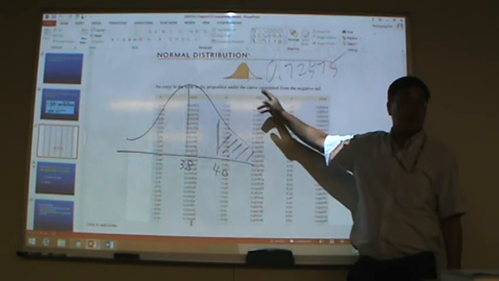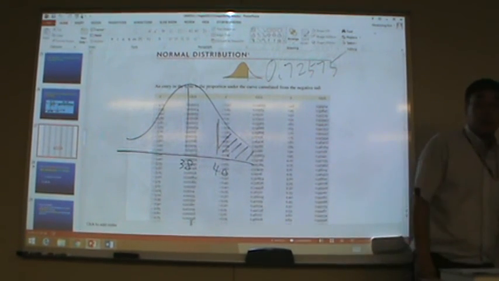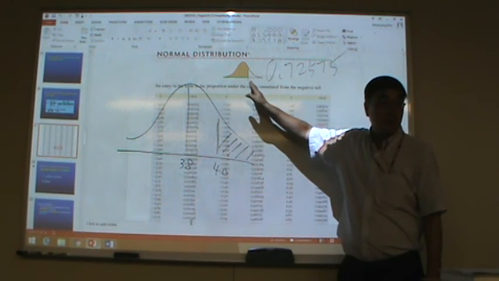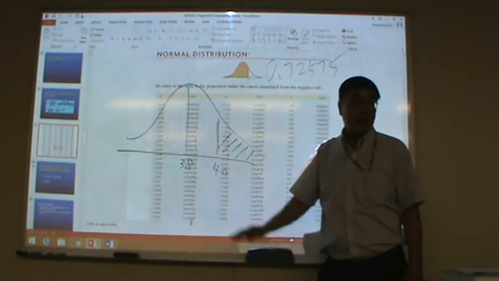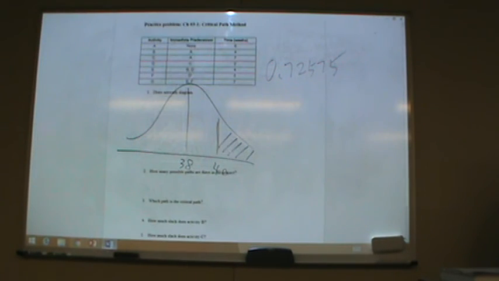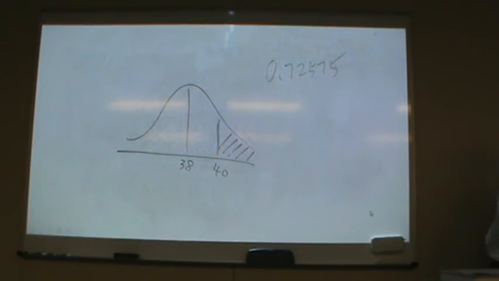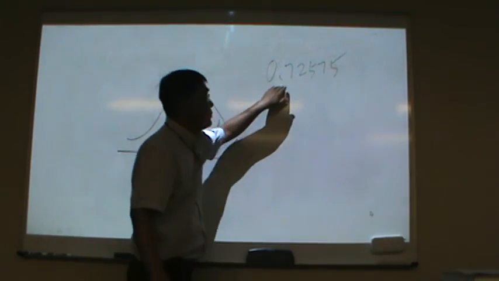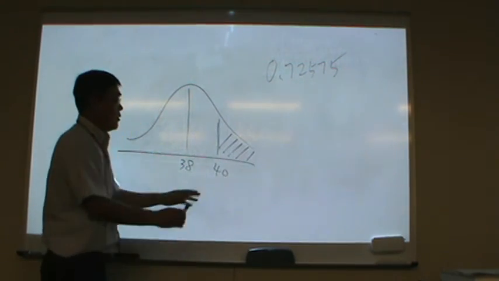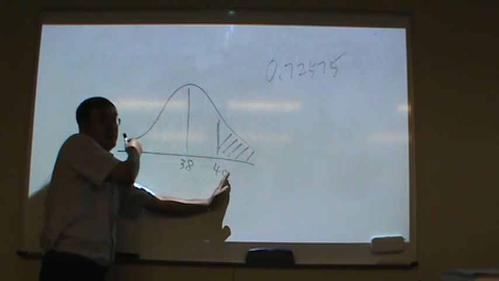You know what I mean? So you have to subtract from 1. This 0.72575 is from a certain z-score to the left side, right?